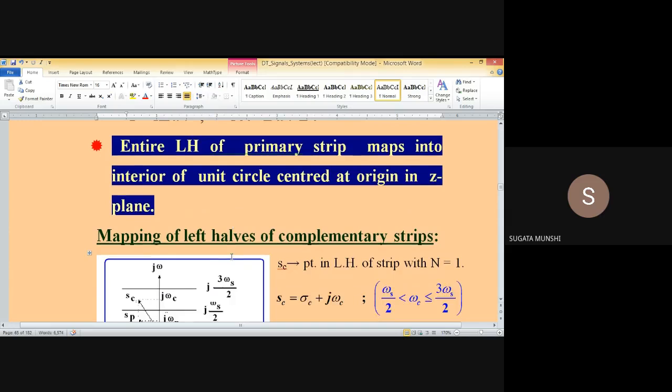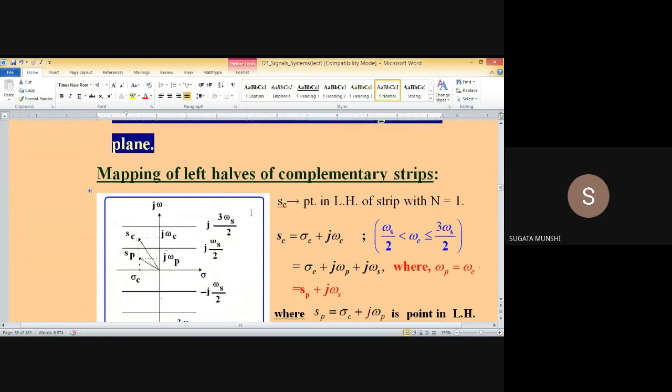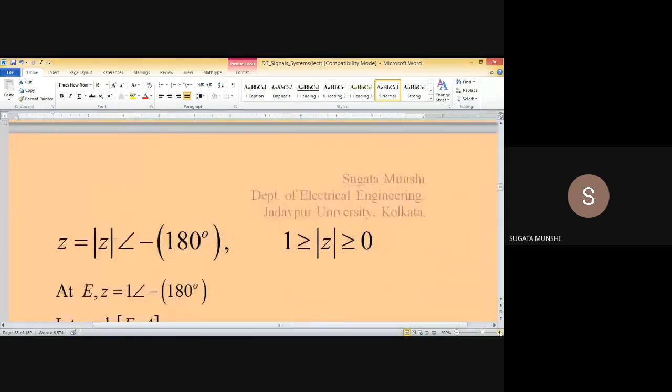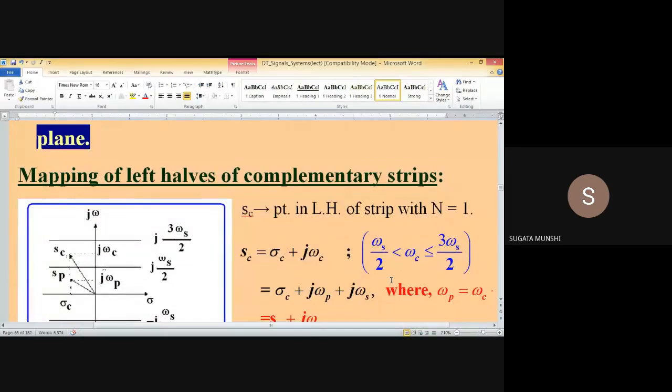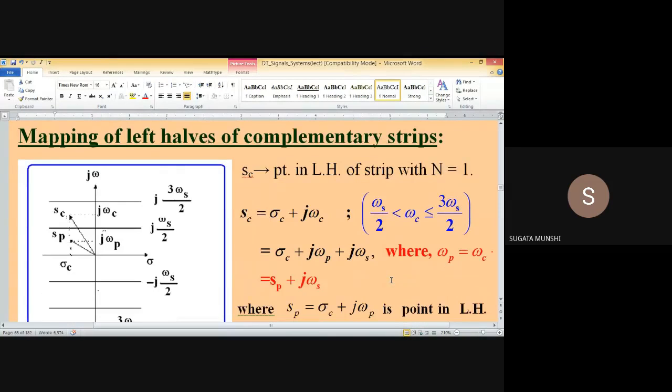Next is mapping of left halves of complementary strips. For that purpose, what I have done here is that I have considered a point.